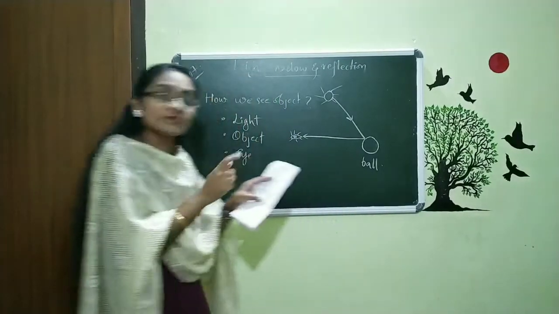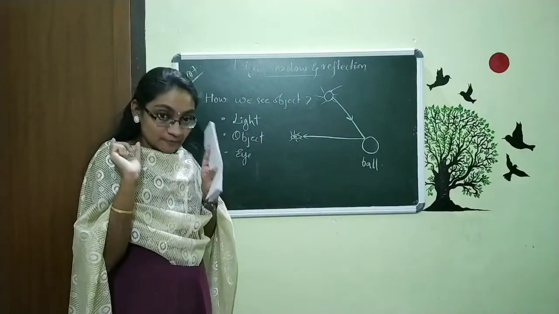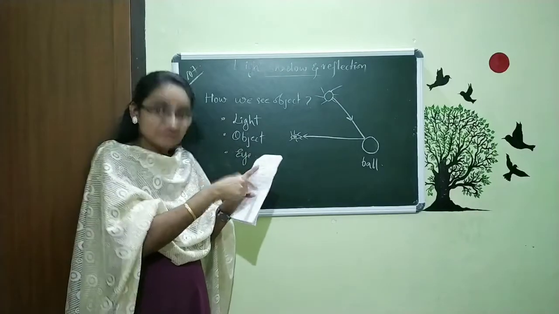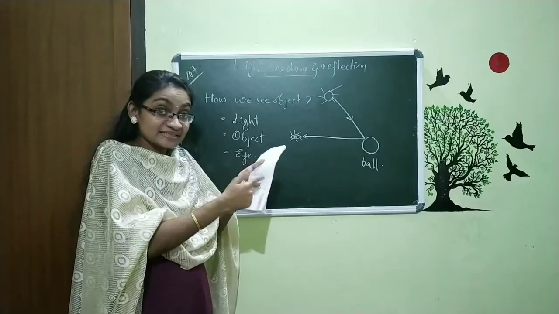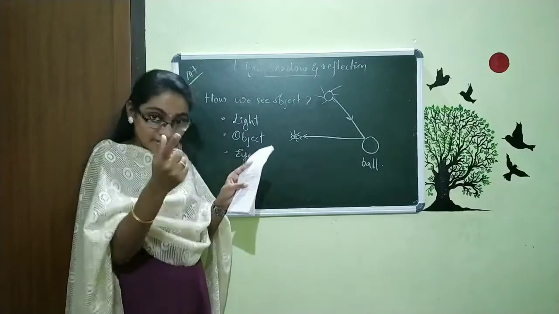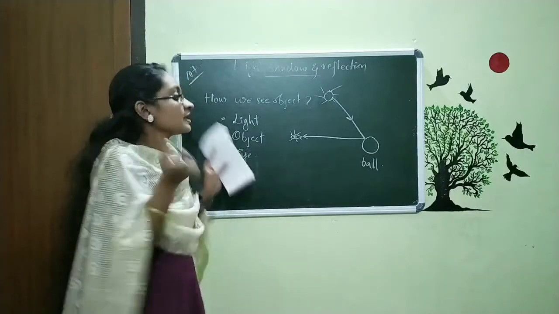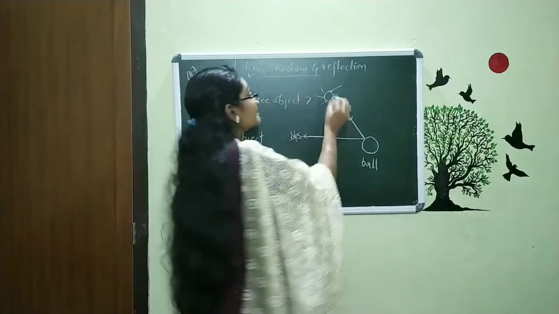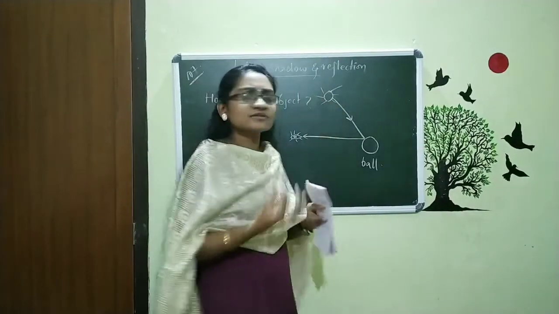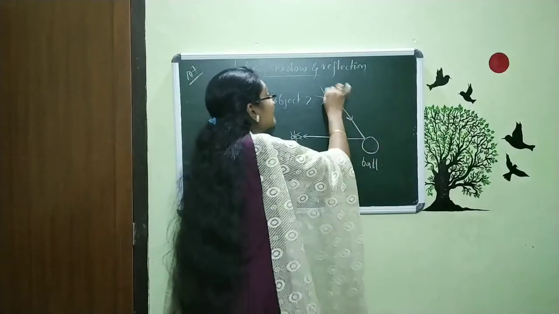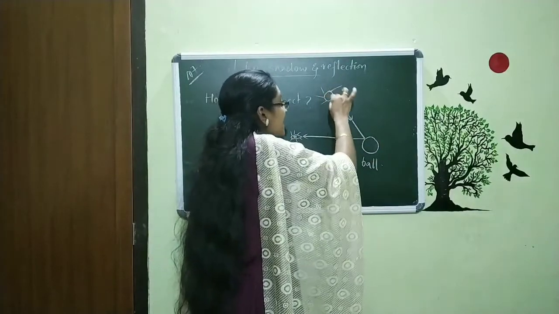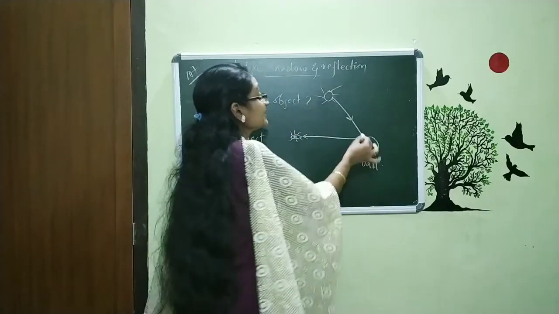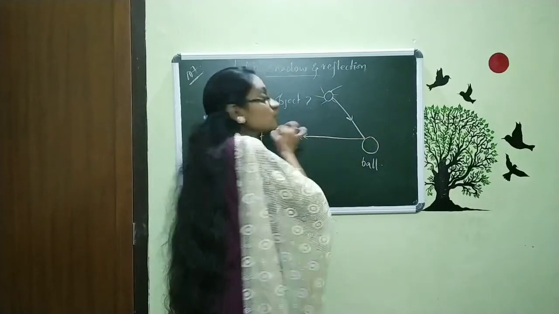For example, here you can see this paper. We can explain the procedure as: the light from the bulb hits the paper, and then that light ray travels to my eye or to your eye. That's how you can see this paper. We are explaining this through this diagram. So the light ray from the source, here we selected the source as sun, travels to the ball, hitting on the ball, and then that light ray travels to our eye.